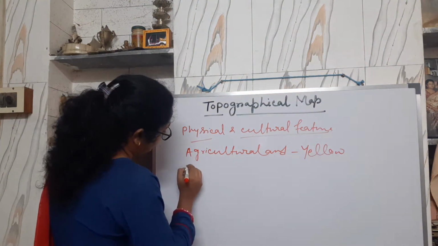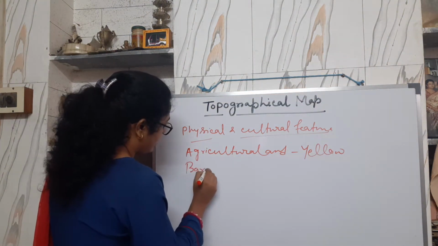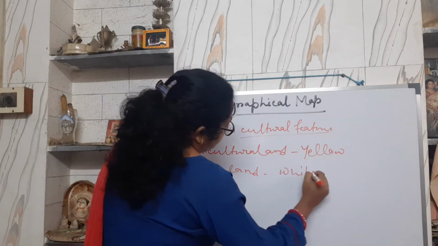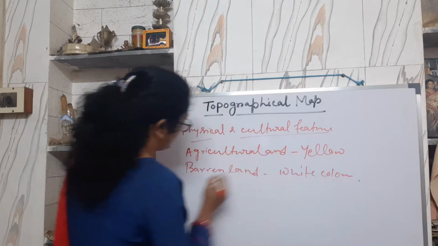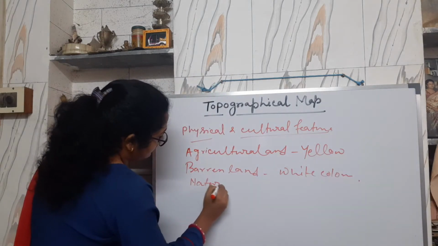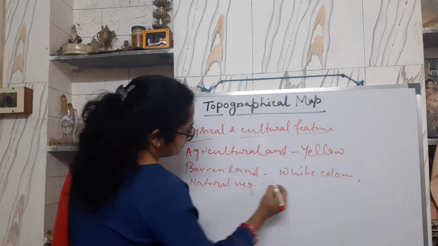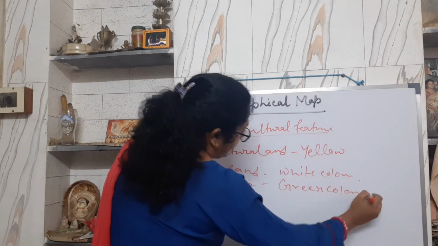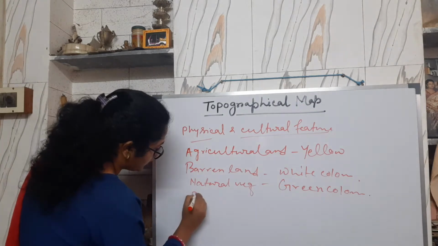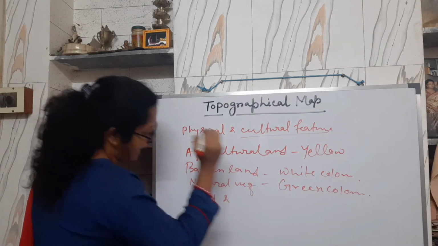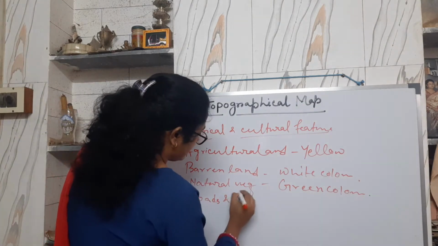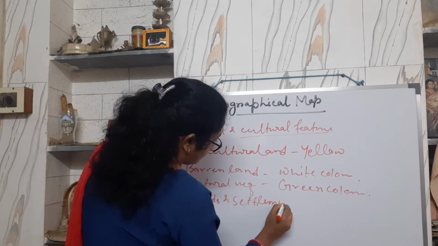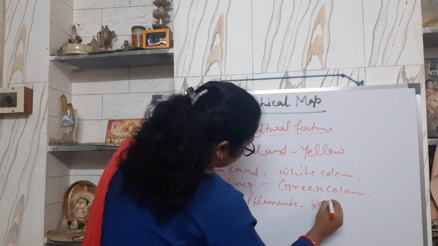To show the barren land, white color. To show the natural vegetation, green color. These are very important, students. To show the roads and settlements, red color.